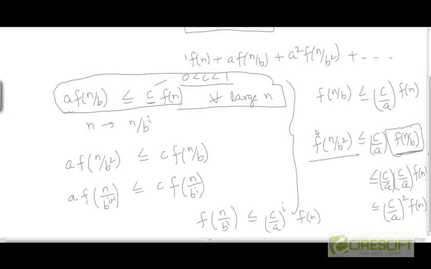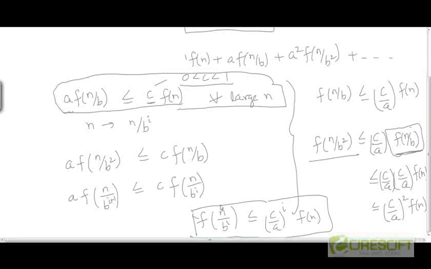So if we replace f of n by b square by the right hand side, we'll get f of n by b cube is less than or equal to c by a cube times f of n. And in general, we can argue that f of n by b to the power i is less than or equal to c by a to the power i times f of n.